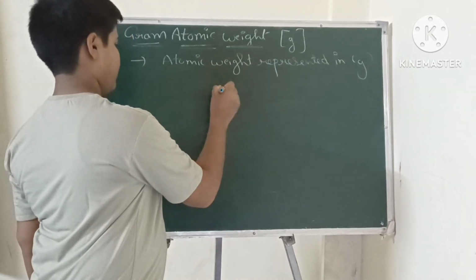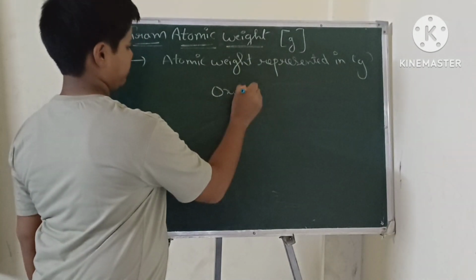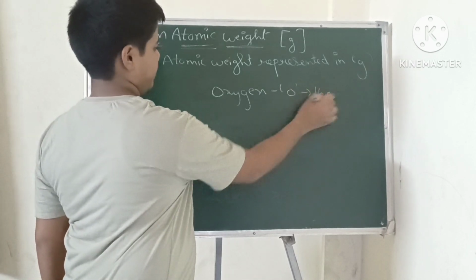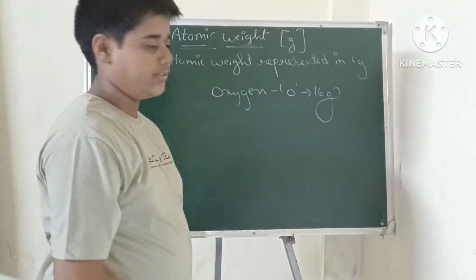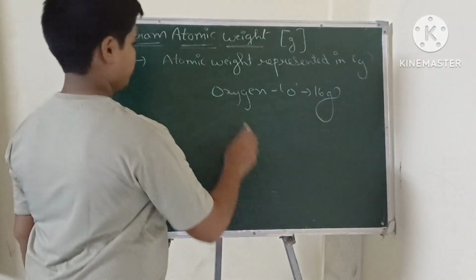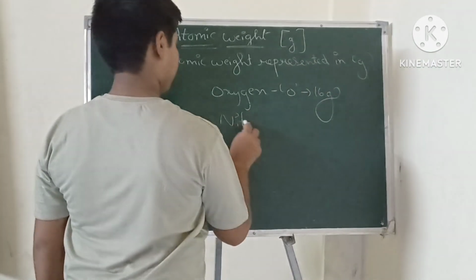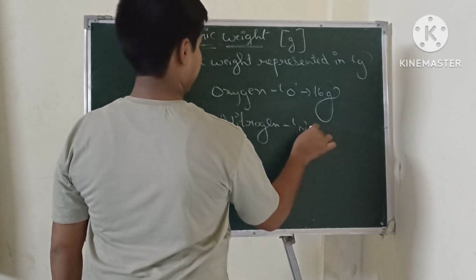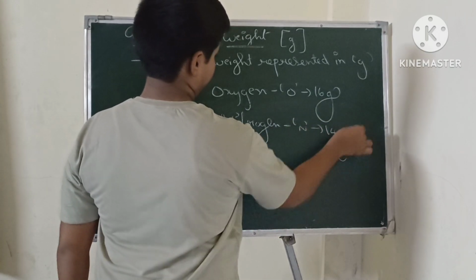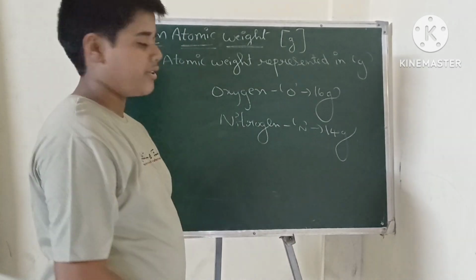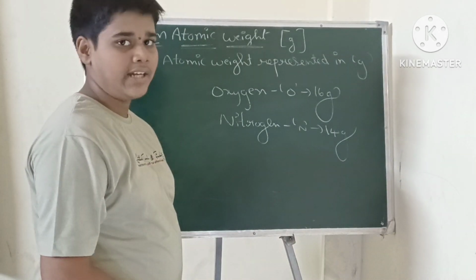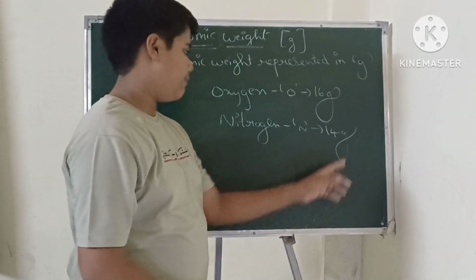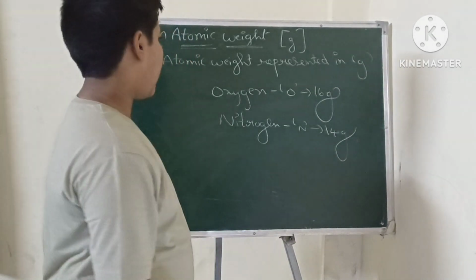For example, oxygen, which is nothing but 16 grams. And nitrogen, N, which is nothing but 14 grams. So like this we can find any other atoms also by keeping grams. There is no change in that. By keeping grams we can write the gram atomic weight.